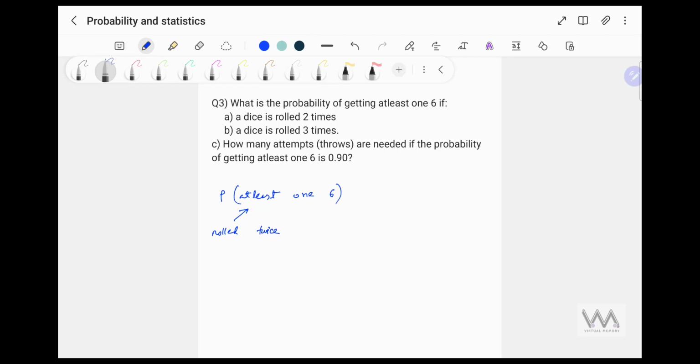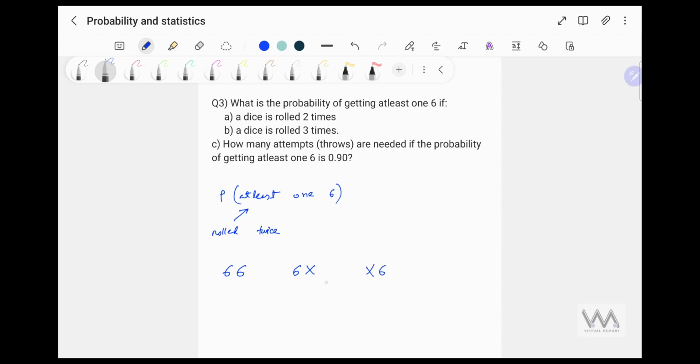So what are the combinations of rolling the dice twice? Now we're looking for 6. So the combination can be 6 and 6 because it's rolled twice. It can be 6 and not 6, and it can be not 6 on the first and 6 on the second.